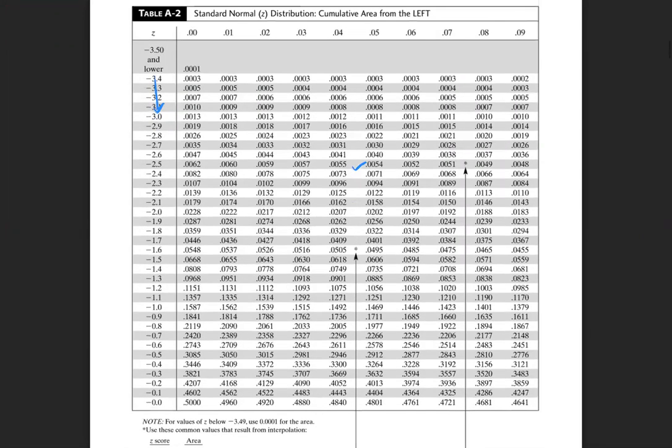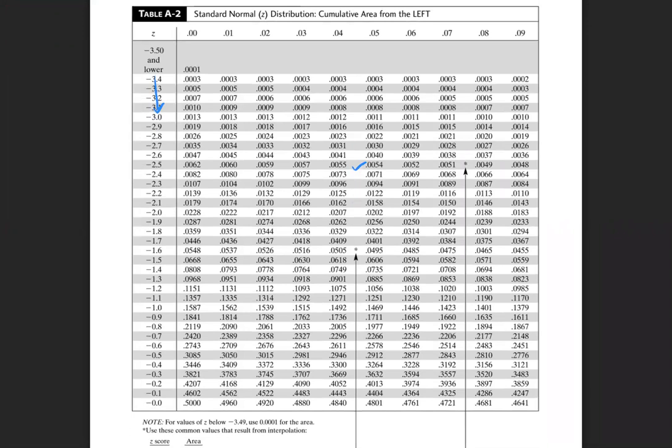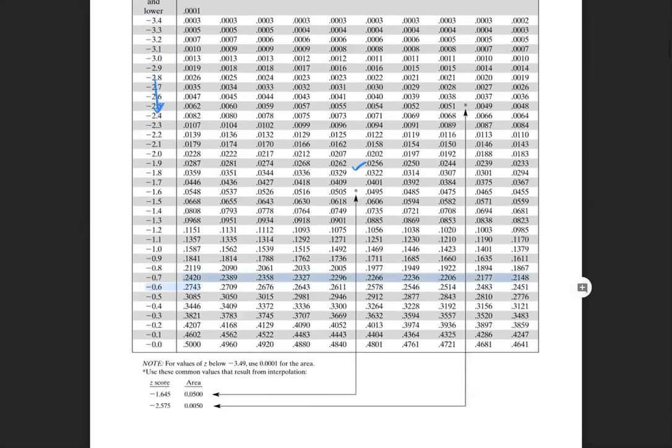So, area is less than 0.5, which is 0.05 in our case, less than half, or 50%, right? So we have to look at the negative standard normal, negative z-scores, okay? Negative z-scores are to the left. Positive z-scores are to the right half. So now we are going to look into the table, and this is a special value, by the way, 0.05.